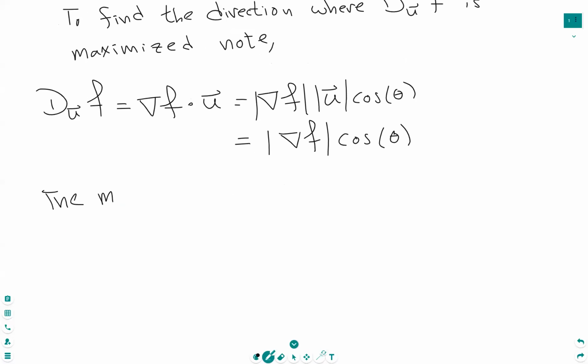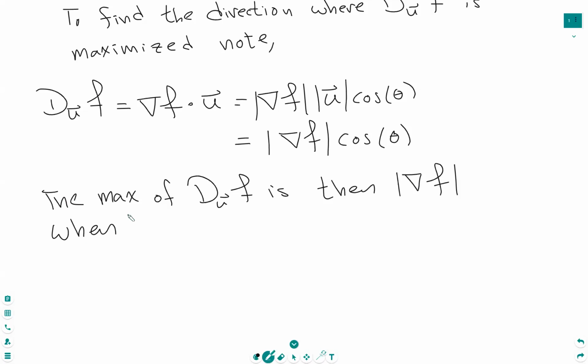The max of our directional derivative then is the magnitude of the gradient, because the largest cosine can be is 1. So the largest value that our directional derivative can take is the magnitude of the gradient. And of course, this occurs when theta is equal to 0.